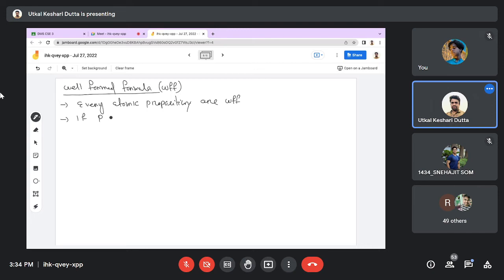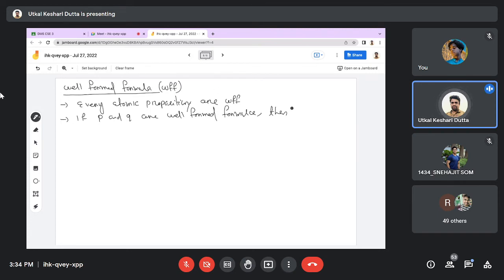If P and Q are well-formed formulas, that means P is a well-formed formula and Q is a well-formed formula, you can apply any of the connectives you know to P and Q, and that will also be a well-formed formula.